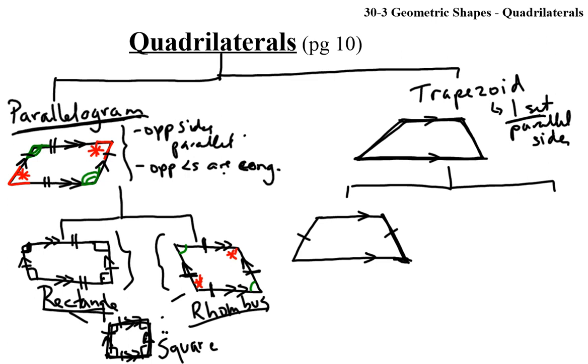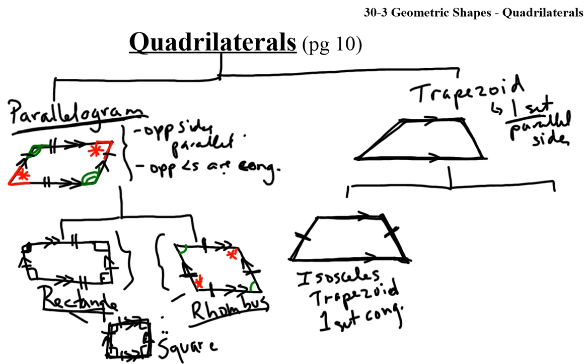Well, there's no way the top and the bottom are going to be ticked because it's a trapezoid with parallel sides. But these sides across from each other, this is what we call an isosceles trapezoid, because there's a set of congruent sides. Isosceles trapezoid, one set of congruent sides.